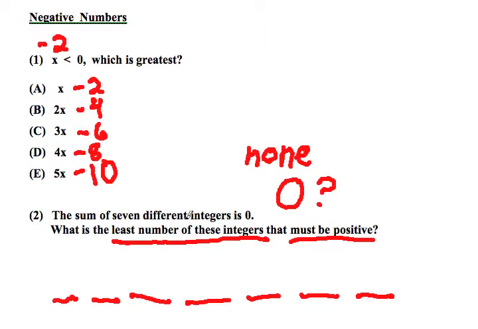If they didn't have to be different, we could make them all 0. But we could at least use 1 0. That meets the condition that it's not positive. So since they have to be different, all the others have to be negative, if we're testing whether none of them could be positive.